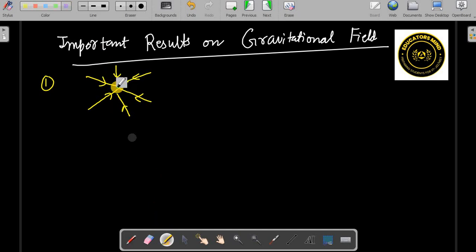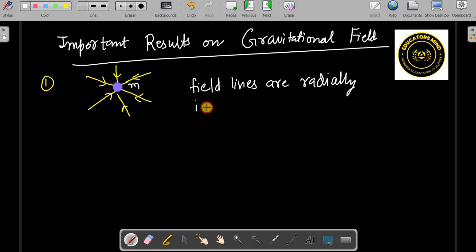Let us say this is a point mass. Field lines are radially inward for a point mass.